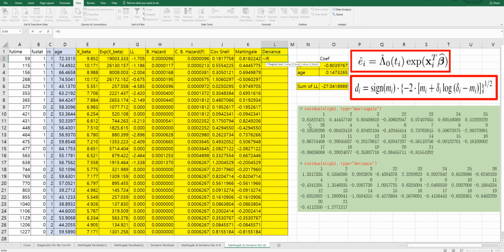If the sign of the Martingale residual, Martingale residual is greater than 0, then let's give a value of the square root of minus 2 times Martingale residual plus delta i, which is the status, times the log of the status minus Martingale residual.